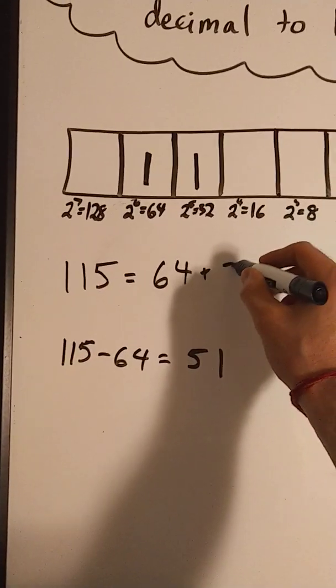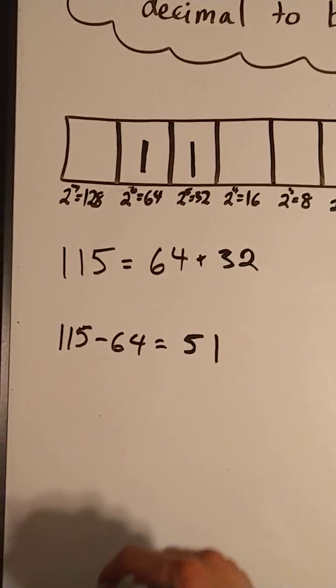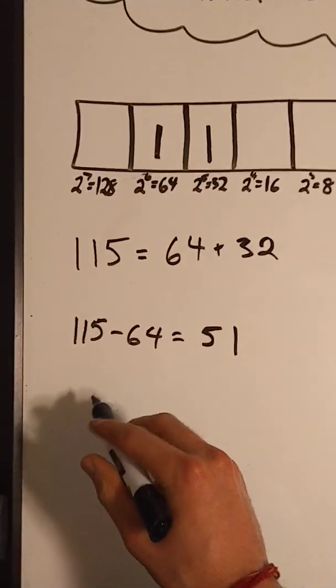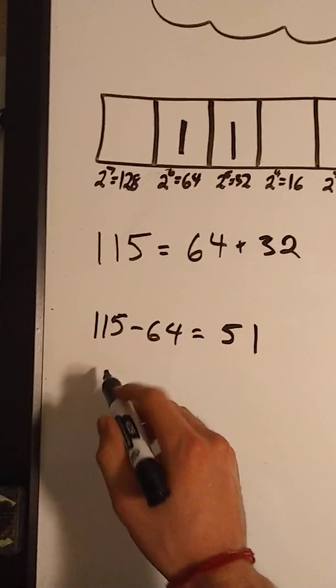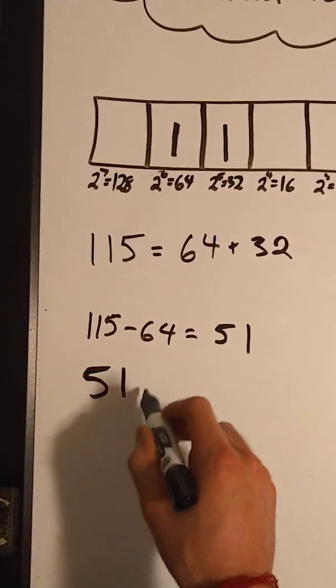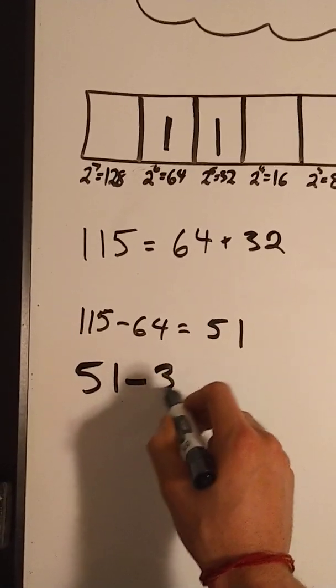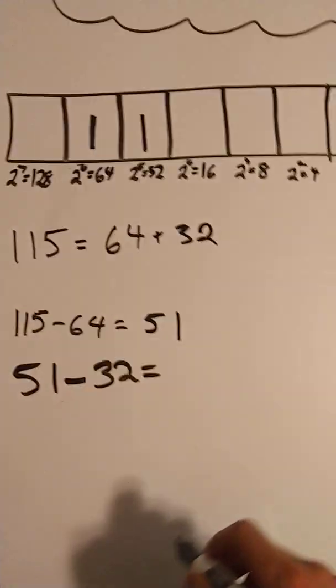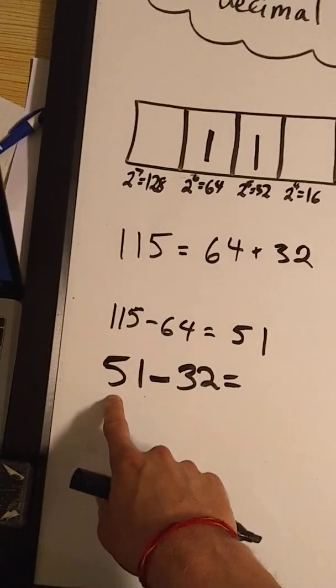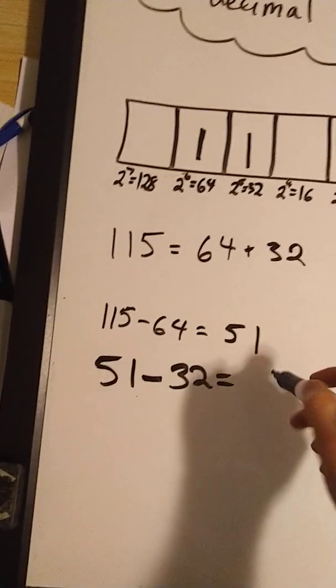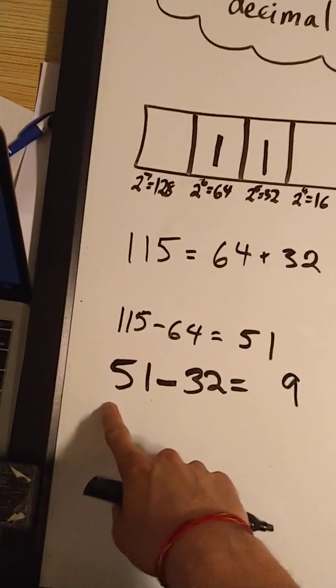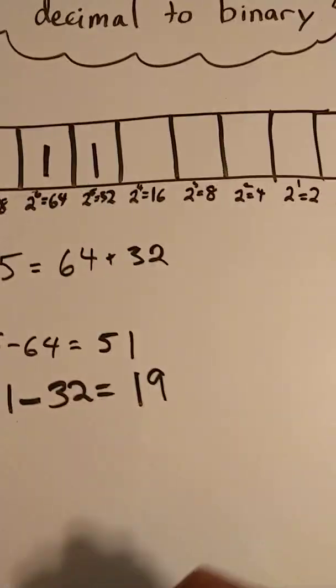In order to get that, I get plus 32. And again, I'm going to do the subtraction here. I'm going to take 51 and subtract 32. When I do 51 minus 32, you'll see 11 minus 2, so I get 9, and then 4 minus 3, so I get 19.